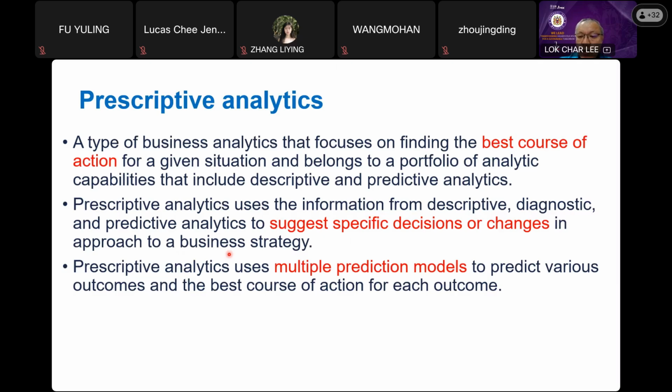So when we predict something might happen, we can do the best course of actions to change the effects, to change the output for our future. So we might change our strategy.